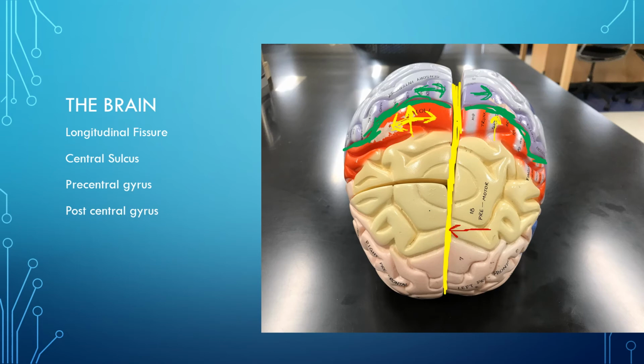The postcentral gyrus is the seat of the primary somatosensory cortex. This is the main area for the somatosensory reception ability of the body. So this means that sensory information about touch, pressure, temperature, and pain that's coming from the skin, muscles, joints, and other body parts comes here.